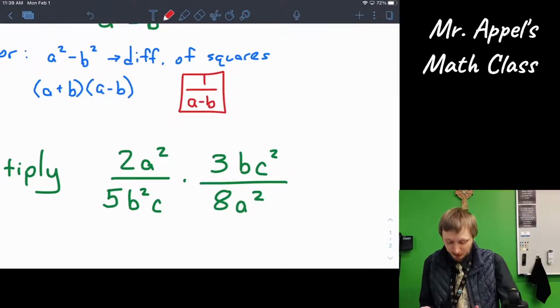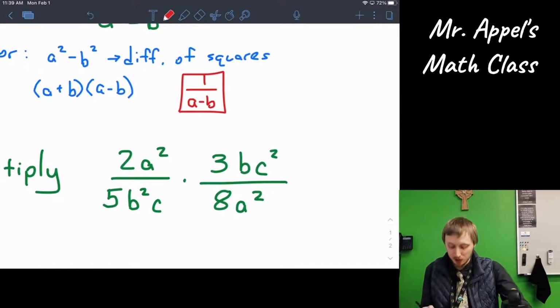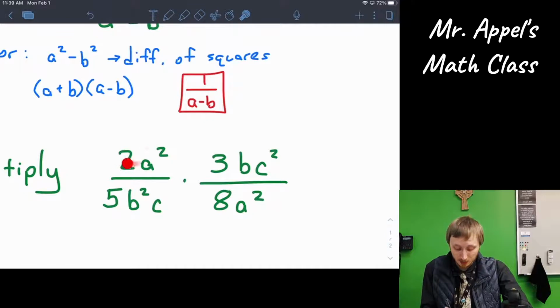So let's see. Is there anything I can reduce within the fraction? So this numerator with its own denominator, does anything reduce? No. This numerator with its own denominator? No. But rather than rewrite this thing first, multiplying and then reducing, let's check.